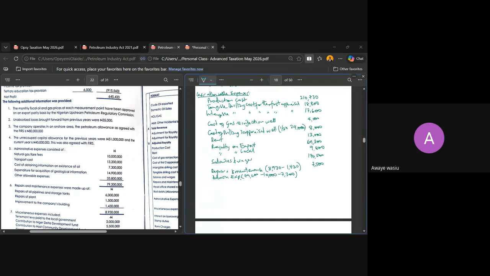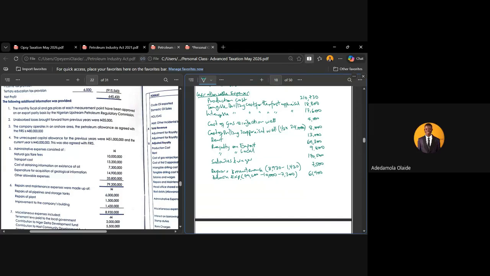With the disallowable part of it, I know the natural gas flare fee is to be deducted, so I'm trying to do the calculation. Apart from that, we have said that cost of obtaining information on oil existence is only allowable where it is geographical, geological, and geochemical.